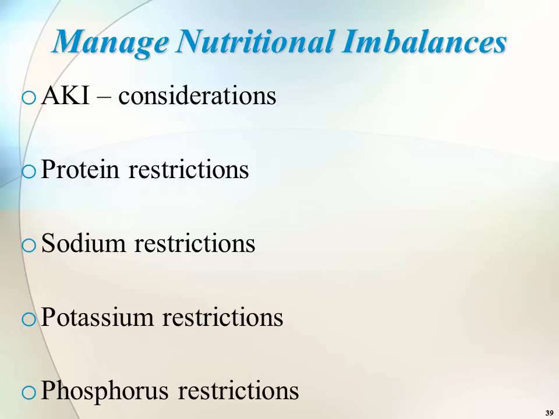So managing nutritional imbalances with acute kidney injury is a major concern, because when we have acute kidney injury, the person is in a hypermetabolic, hypercatabolic state. Or I should say, maybe they have a hypermetabolic, hypercatabolic response.